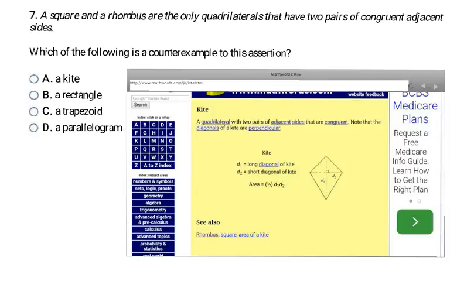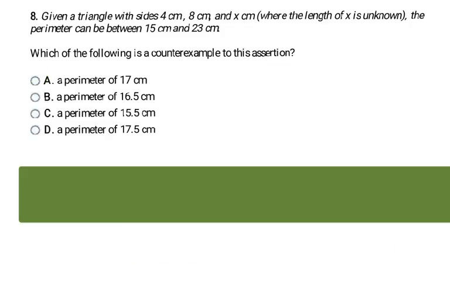The definition here says a quadrilateral with two pairs of adjacent sides that are congruent. So this one has congruent adjacent sides. That's going to be my counterexample because it proves that there is another shape. So my answer here is A. That also tells me I need to copy this definition down for kite and memorize it because it's something I don't know. But that way you can still work through the problem and get the right answer.